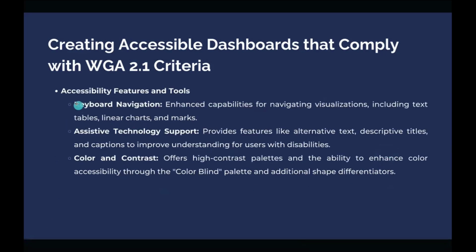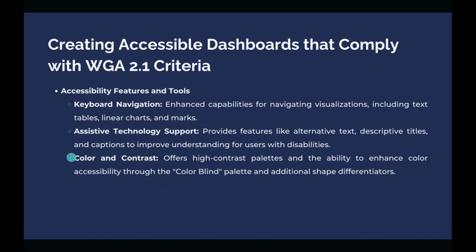Some of the accessibility features and tools that Tableau has built in include keyboard navigation. This enhances capabilities for navigating visualizations, including text tables, linear charts, and marks. They've got assistive technology support, which helps provide features like alternative text, descriptive titles, and captions to improve understanding for users with disabilities.